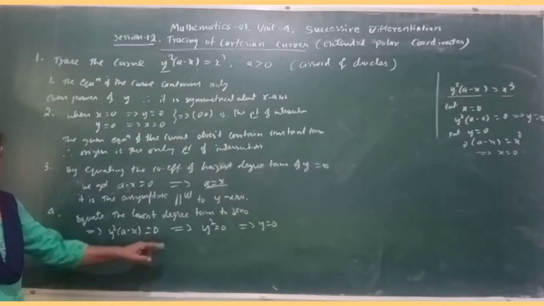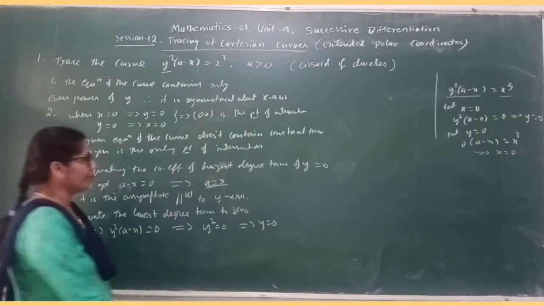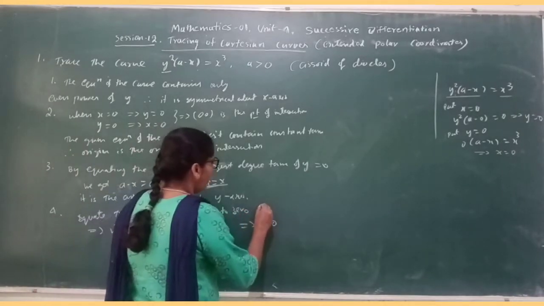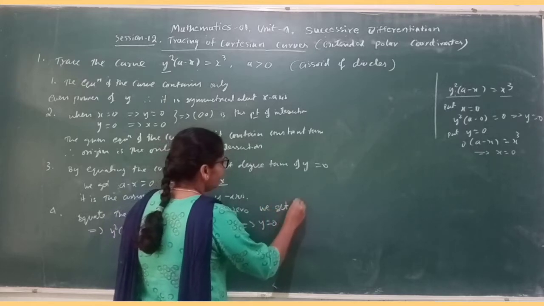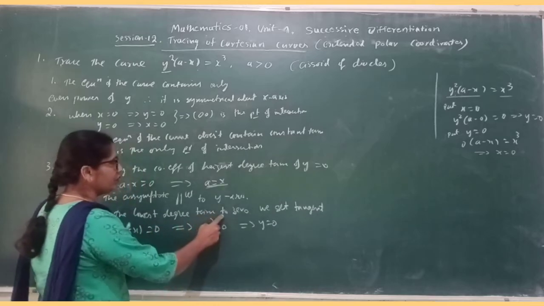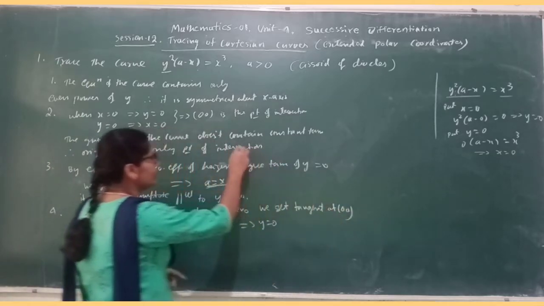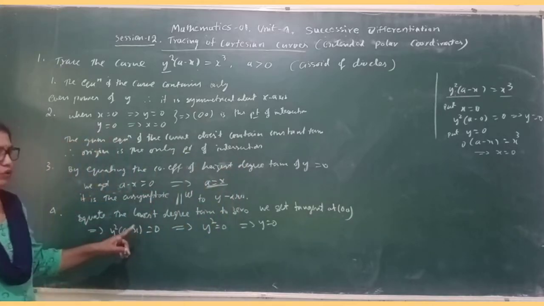Thus we get the equation of the tangent at (0, 0). When you equate the lowest degree term to 0, we get the tangent at (0, 0), because (0, 0) is the point of intersection, as we know.